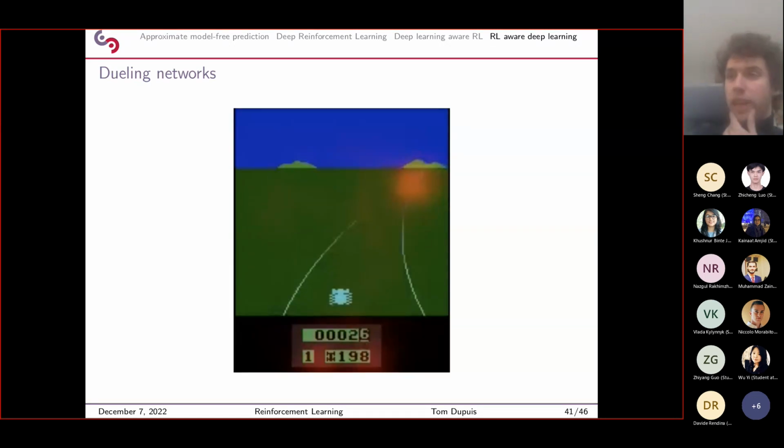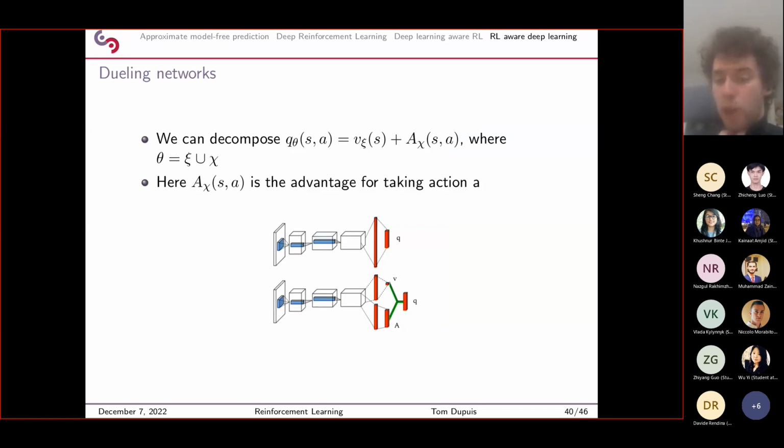On this image, we paint in orange the pixels that are critical for the activations of the top part, the V part in this network. And the V part is the value of the states.